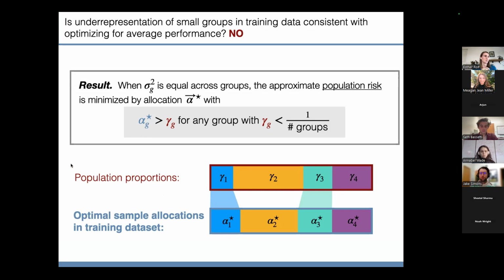If you parameterize groups as different proportions in a population, so think about all these gammas as the actual fraction of each group in that diagram from the very beginning with all the little people icons, then if you're going to design a training data set to maximize performance over all of these folks, you would actually want the groups that have small representation in your population to be oversampled in your training data, because the returns to getting an additional sample for those groups are so big that it outweighs their small part in the overall average, the average accuracy metric that you'll compute.